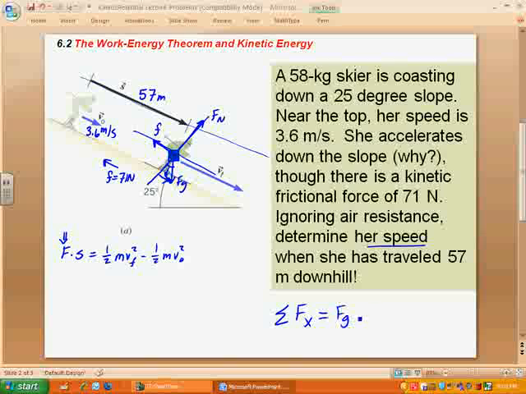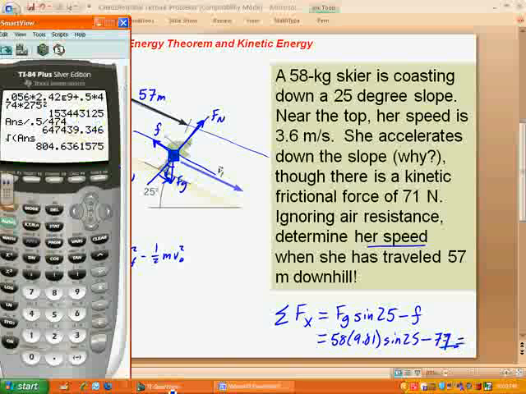Force of gravity is 58 times 9.81 times sine of 25 minus the friction, which is 71. Okay, so let's find out what that is. 58 times 9.81 times sine of 25 and then minus the 71. So 169 newtons. Alright, so now we can go ahead and put that in here. The net force is 169 newtons.